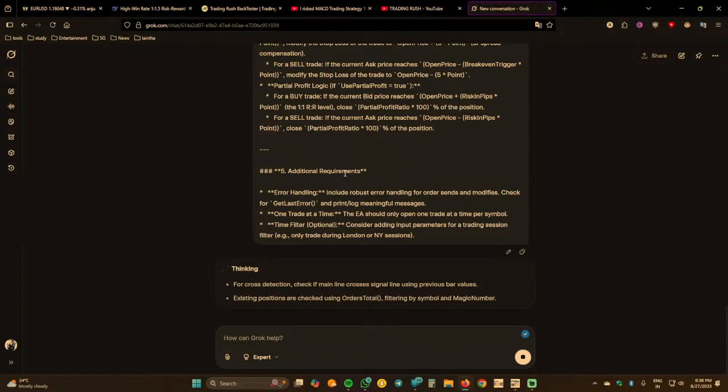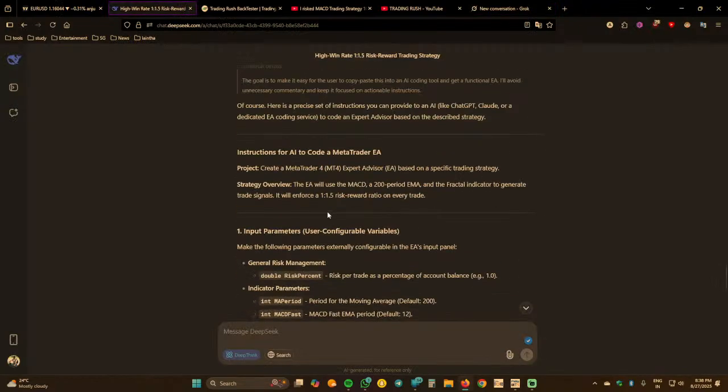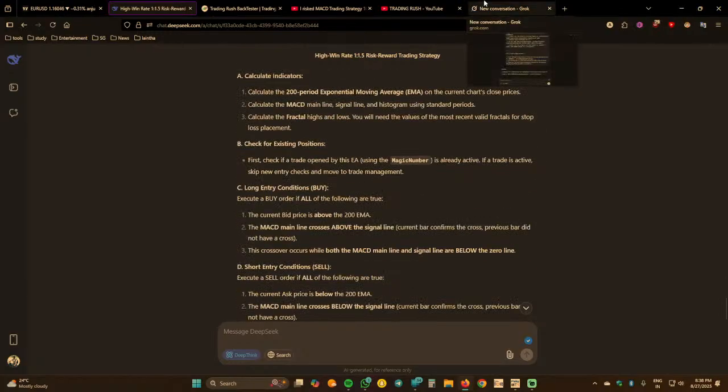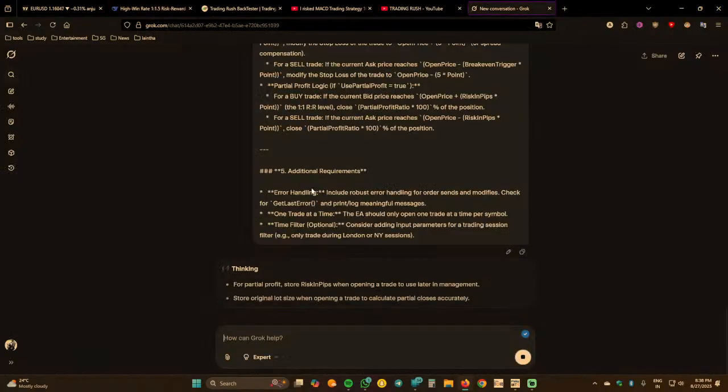So we're simply doing this. We took the instruction set from DeepSeek and are giving it to Grok to program an MT5 robot.